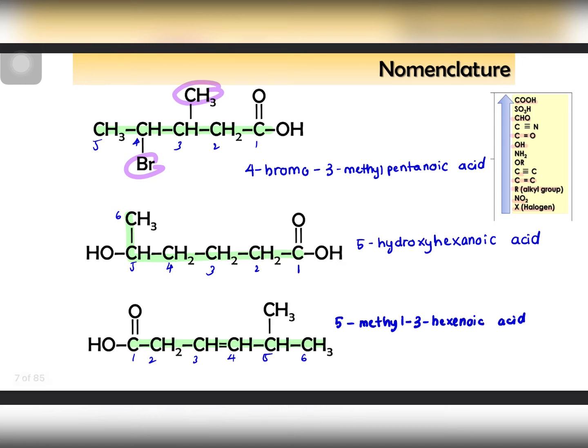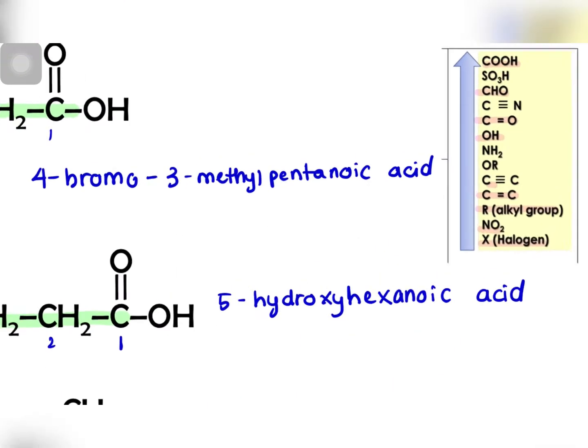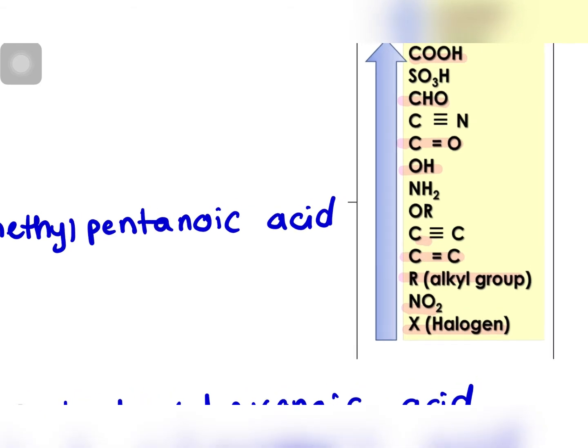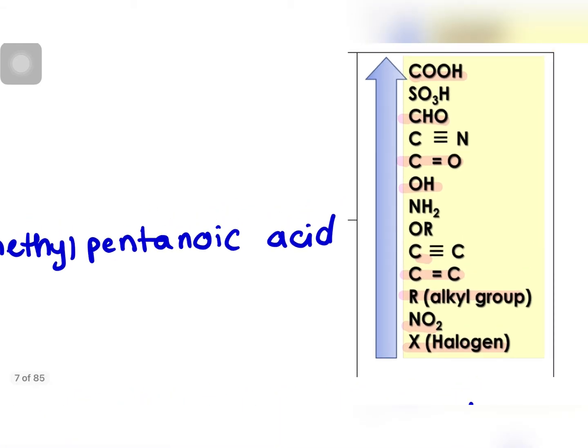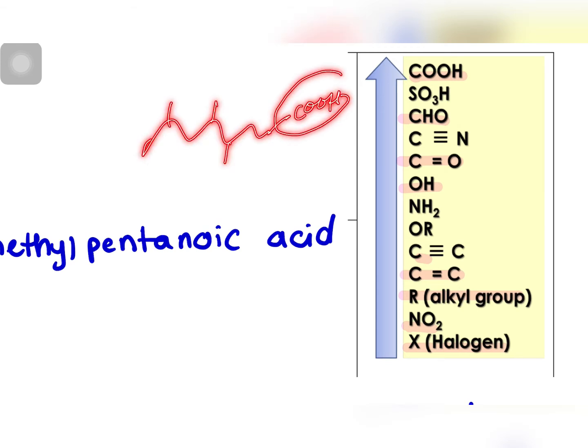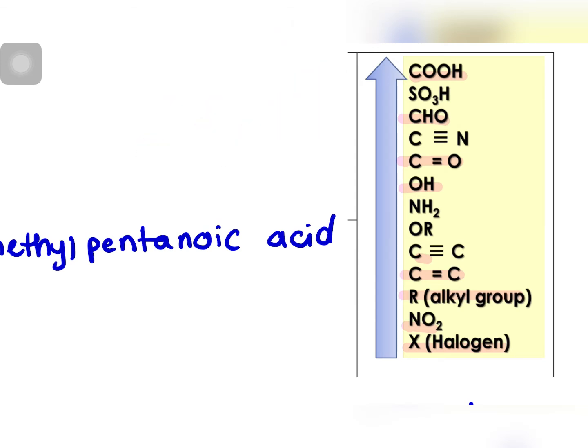Okay, so as I mentioned before, kita akan consider this priority list. Okay, so kita dah jumpa priority list ni in previous chapter, and we know that the highest priority adalah carboxyl group. So if any of the carbon chain ada COOH instead of other substituent, so ini akan jadi the parent chain.